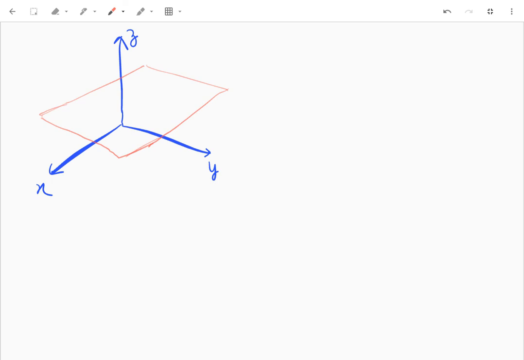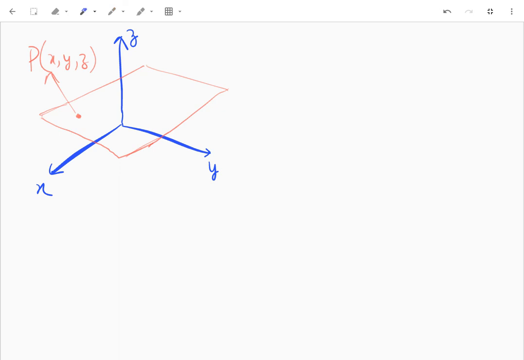Now I have been given a point P, any point x, y, z on this plane. So I have to find the equation of this plane. First let us look at the equation of a plane and understand what it represents.